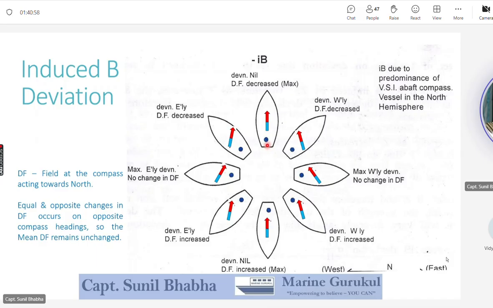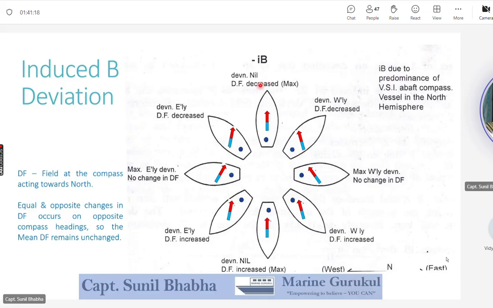The pole on the funnel is blue polarity. So with these poles having opposite polarity, it reduces the directive force. When the ship is heading south, then the blue pole of the funnel and the blue pole of the Earth match, increasing the directive force at the compass location.